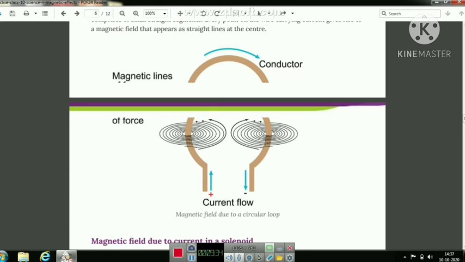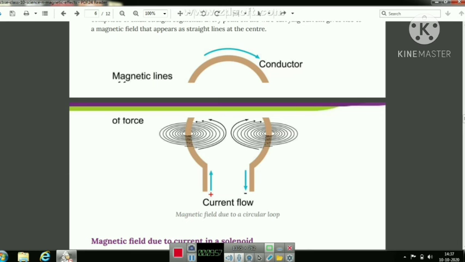And thus the magnetic field lines which are produced at this positive end of the battery show an anti-clockwise direction. It means that at the north pole magnetic field lines always originate and they end at the south pole.